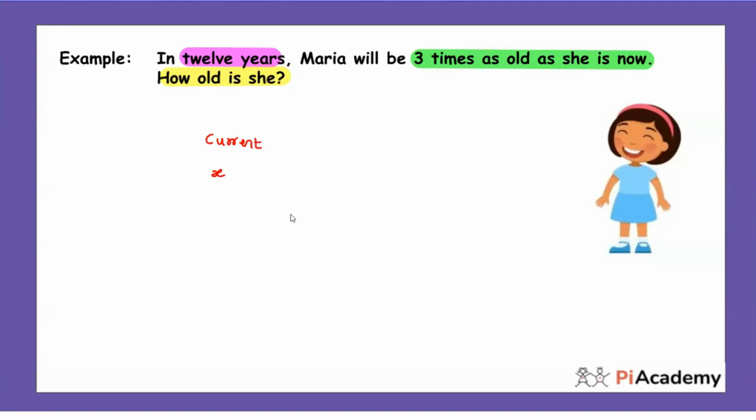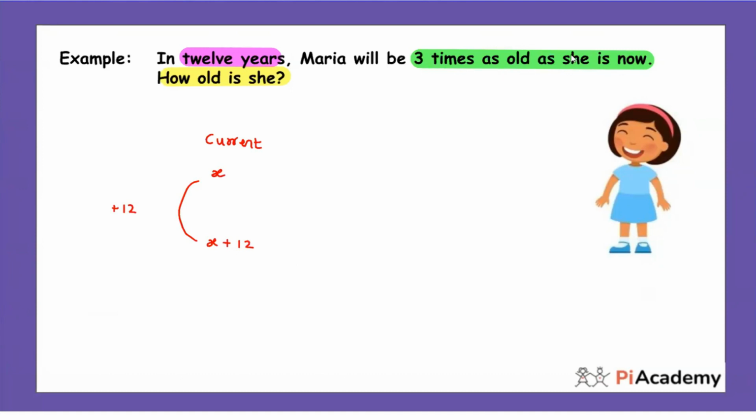Now, in the next line, what is the condition given to you? In 12 years' time, it means after 12 years, so you have to add 12, and that becomes x plus 12, right? What is the other information you have?